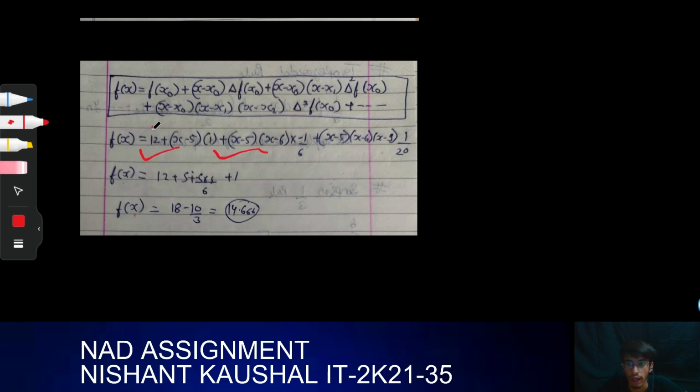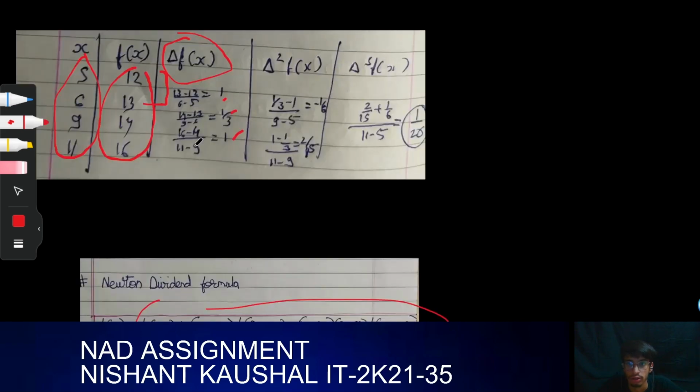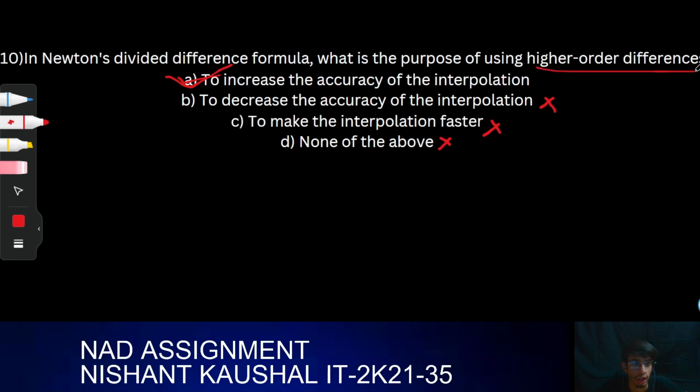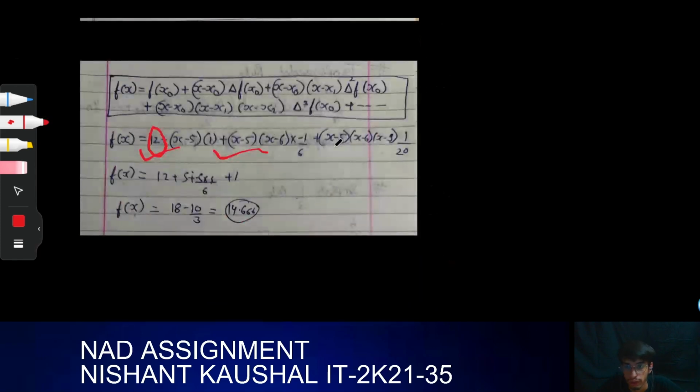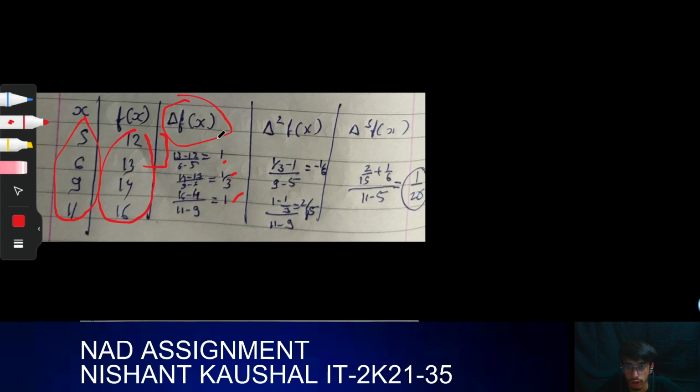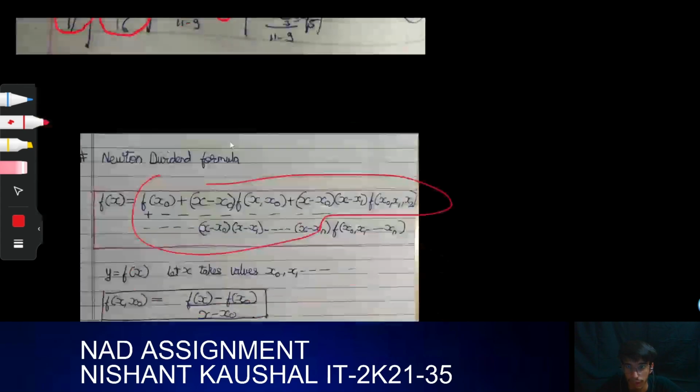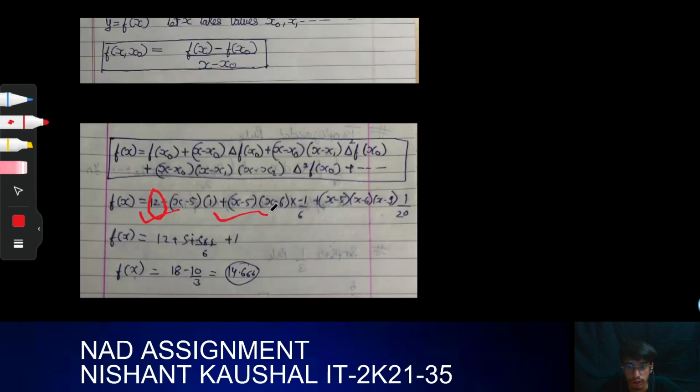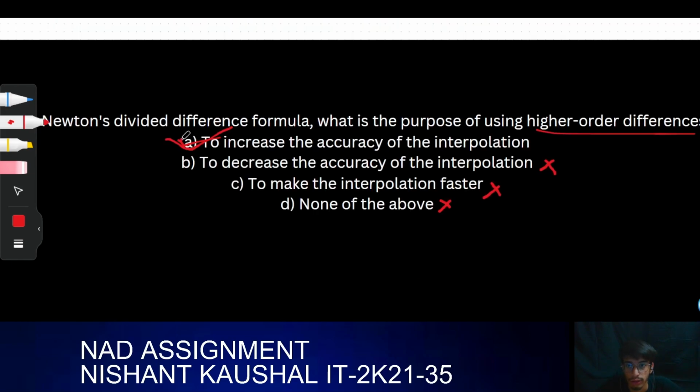So what are higher order differences? Higher order differences are these terms, right? 1, 1 by 3 and 1. These calculations are used to increase the accuracy of our answer, right? So the answer should be A, to increase the accuracy of the interpolation.